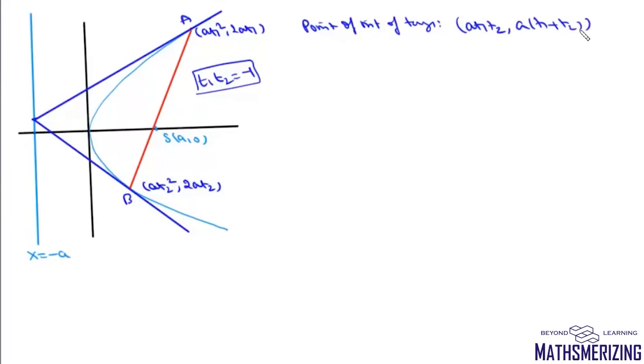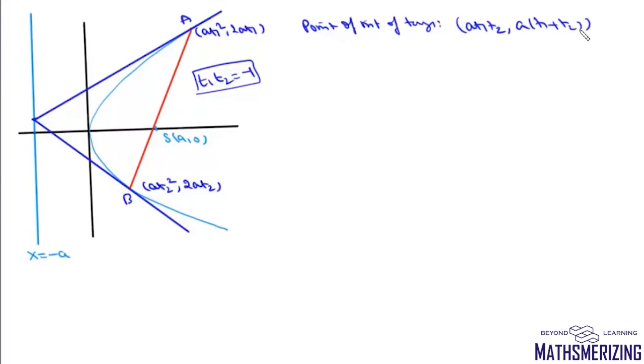Now this point is at1 square, 2at1, and this point is at2 square, 2at2, and we know that t1 into t2 is minus 1. Now we know that the slope of any chord of the parabola is 2 by (t1 plus t2), and this slope is equal to tan alpha.